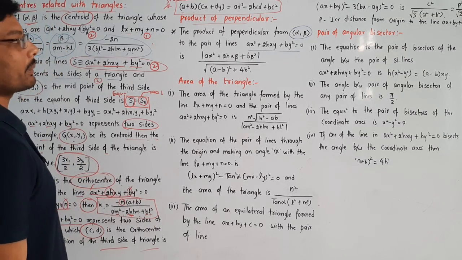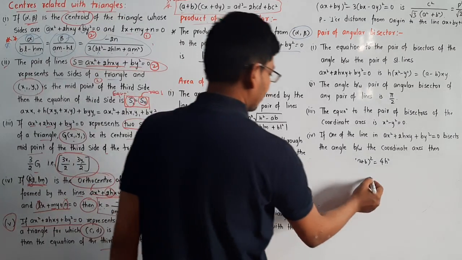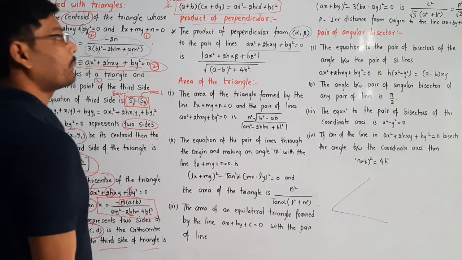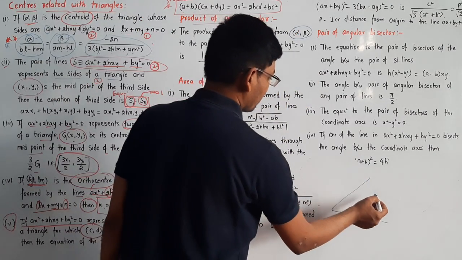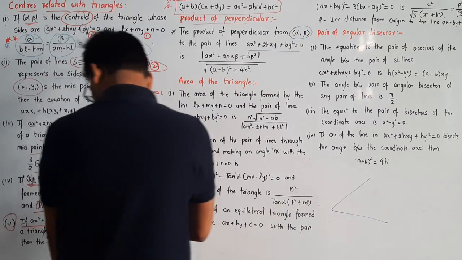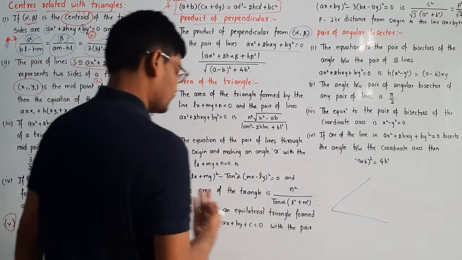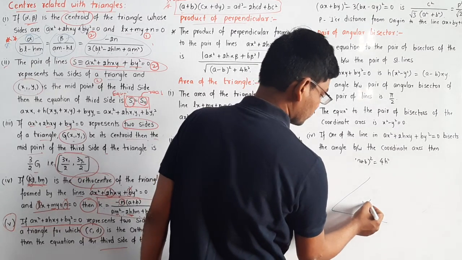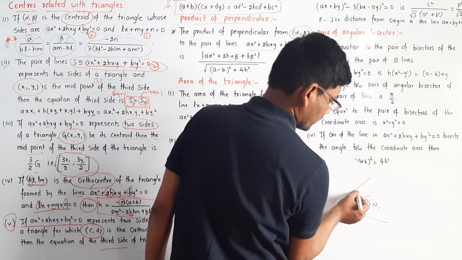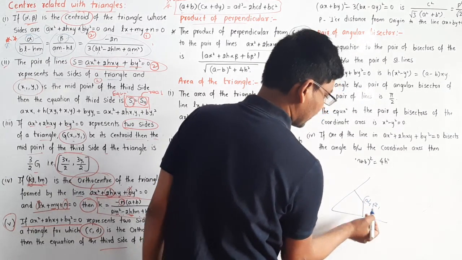So he is given a pair of straight lines here, and this is alpha comma beta I am taking. This is the product of the perpendicular lines here.